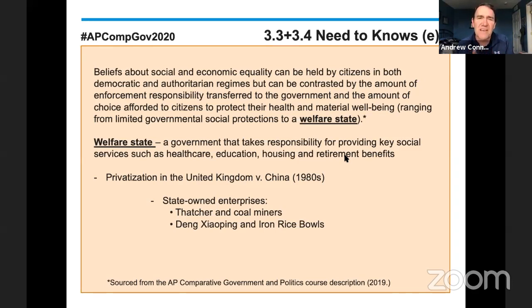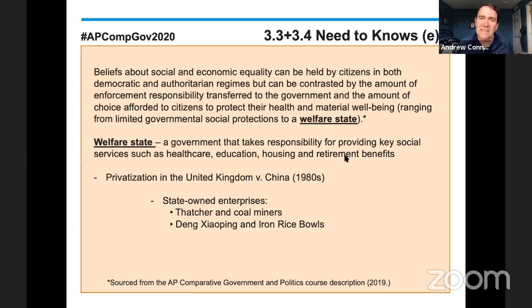So with these state-owned enterprises, we know that Margaret Thatcher in the 1980s and Deng Xiaoping in China in the 1980s were trying to move both countries into less government control of these state-owned enterprises, into kind of a direction of more privatization and allowing more foreign direct investment into those what had been state-owned enterprises. We know that the United Kingdom was much more effective at privatizing much bigger parts of its industries.